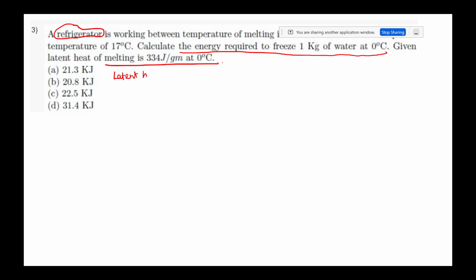Latent heat lost for water to ice making is, for 1 kg, 334 times 10 to the power 3 joule, because 1 gram is equal to 10 to the power 3 joule. Okay, now this much amount of heat is required.